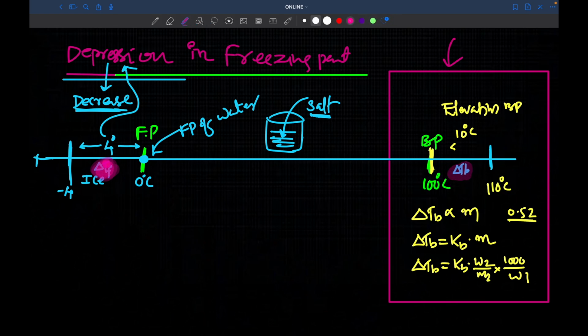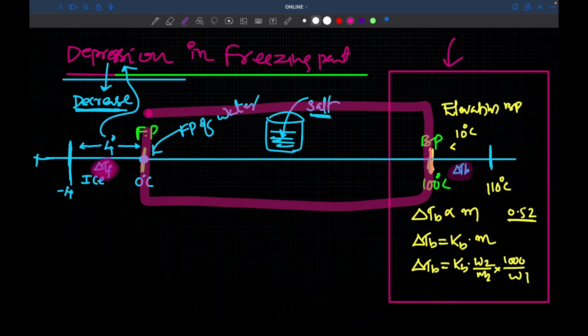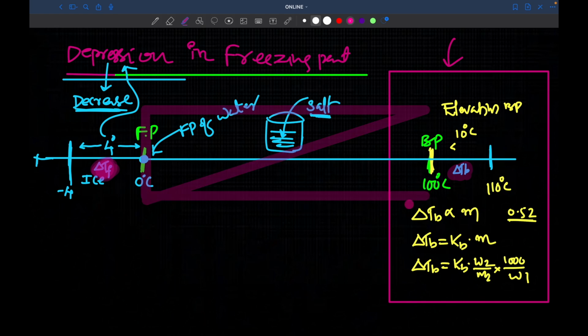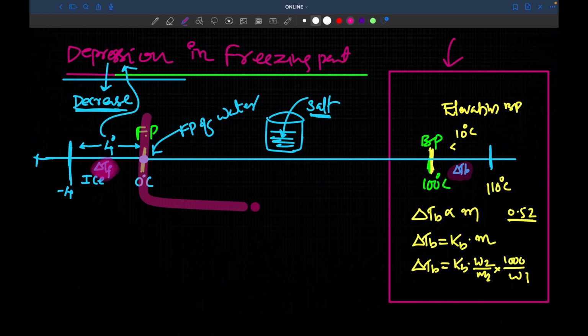This is delta TF. Obviously, pure solvent freezing point and boiling point operate in between this range only. It is here only. So if it is pure one, it should be in between these ones.